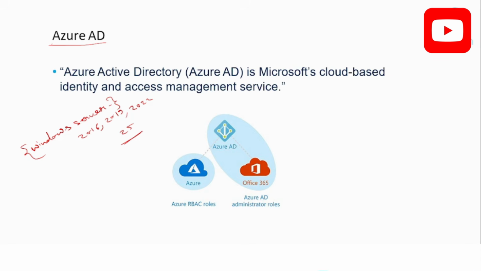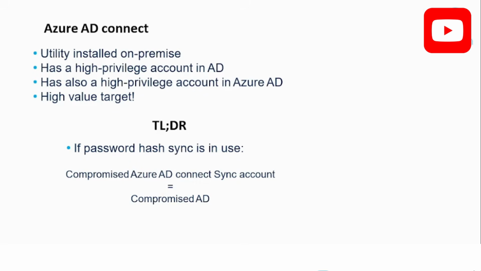After that, Azure AD Connect is a utility installed on-prem. A high privilege account in AD also has a high privilege account in Azure AD, meaning both sides are high-value targets. We can create thousands, even 10,000 users, on-prem and in Azure on both sides.